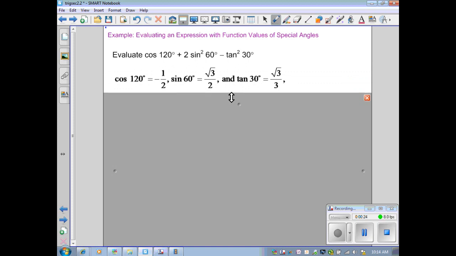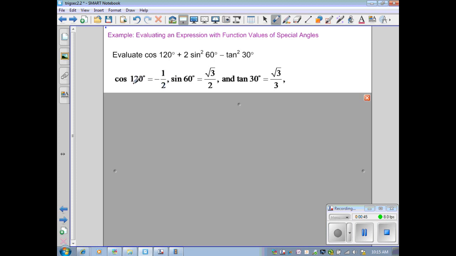If we use our special angle function chart from section 2.1, we know that the cosine of 120 has a reference angle, which is 180 minus 120, which gives me 60 degrees. So cosine of 60 degrees from that chart is 1/2.